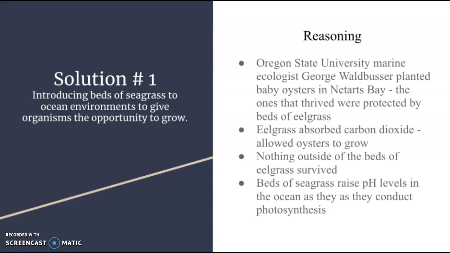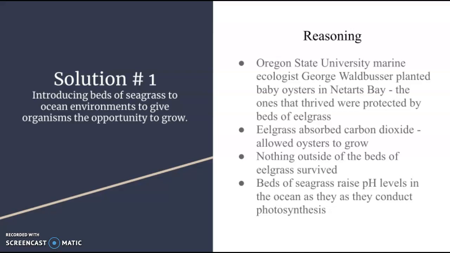So a study done at Oregon State University by Professor Waldbusser was where they planted baby oysters in a bay, which discovered that oysters placed in beds of seagrass were able to grow and thrive, while those outside didn't survive through the acidic conditions.